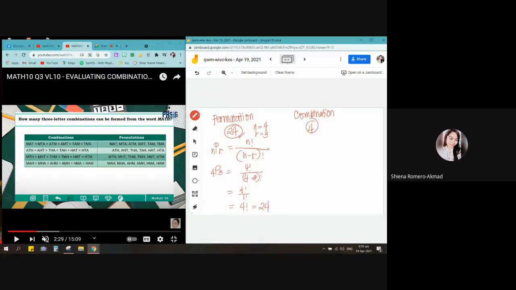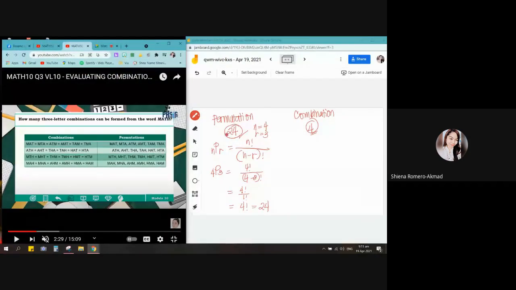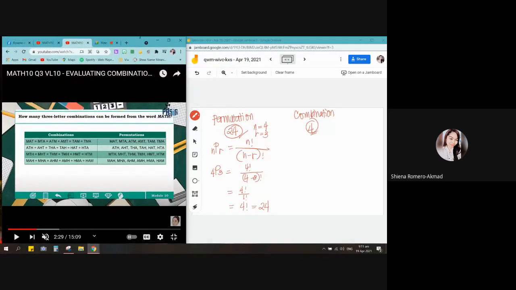Okay, so ito yan. How about in combination? Given the answer in permutation, bakit kaya sa kanya 24 lang? As you look at the given combination here, bakit kaya sa kanya 4 lang? Ano yung ginawa? If you have 24, what will you do for you to get 4 as the answer?